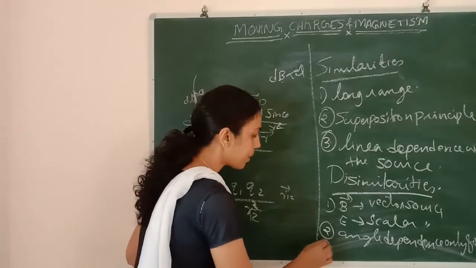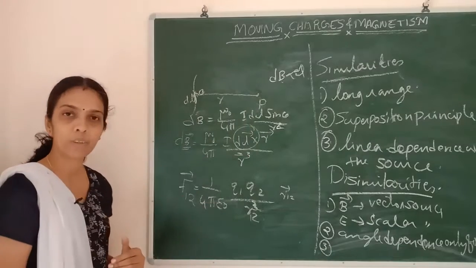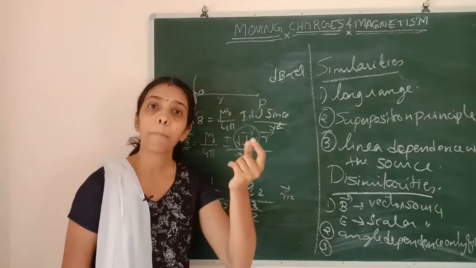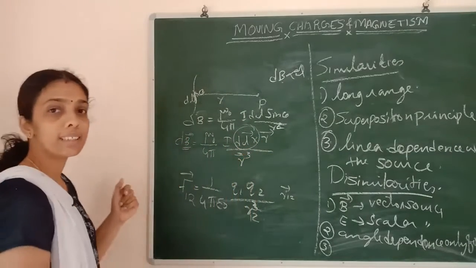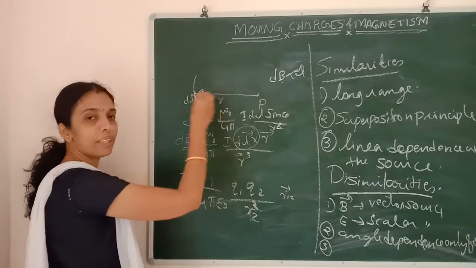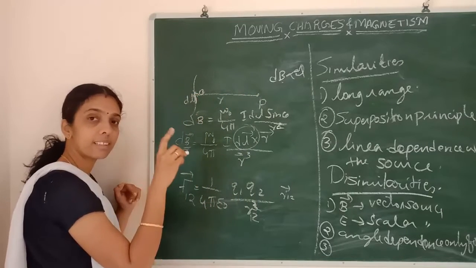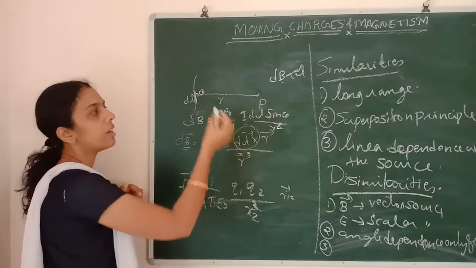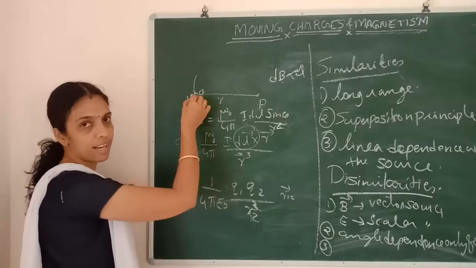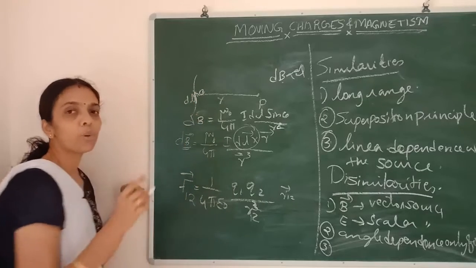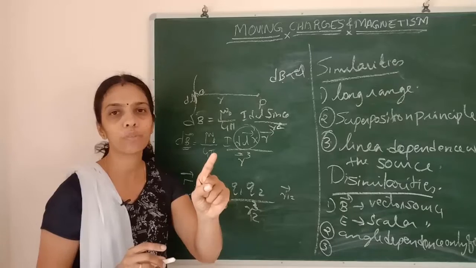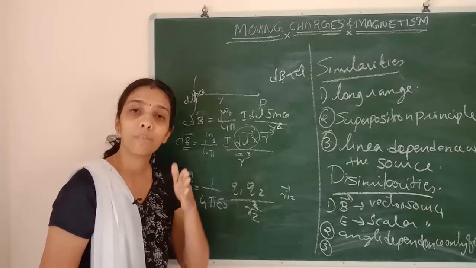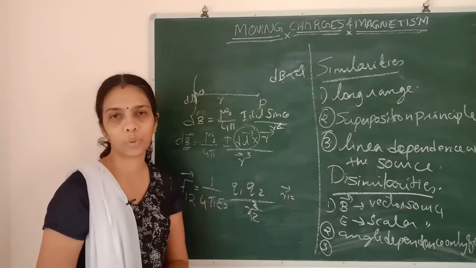The third one: as per the Biot-Savart law, dl sine theta is the perpendicular dependence, so we consider only the perpendicular component. But in the case of the electric field we do not consider this, since the force acts along R12.